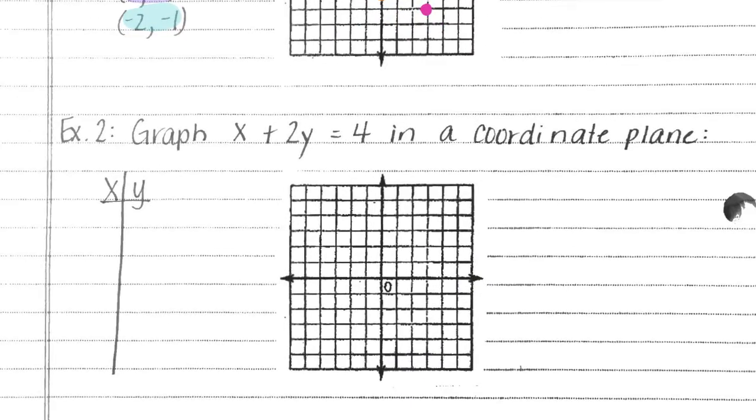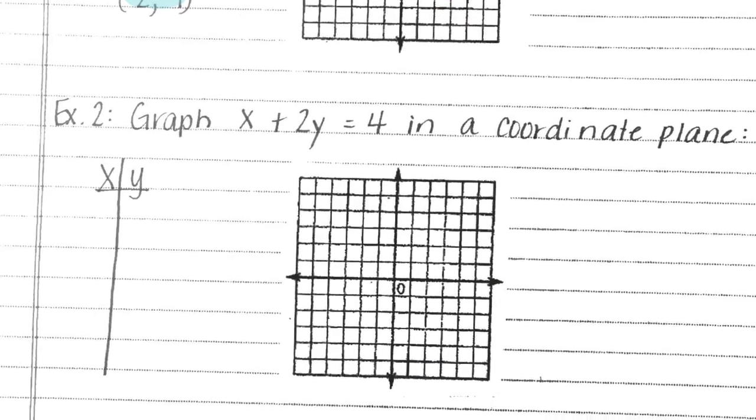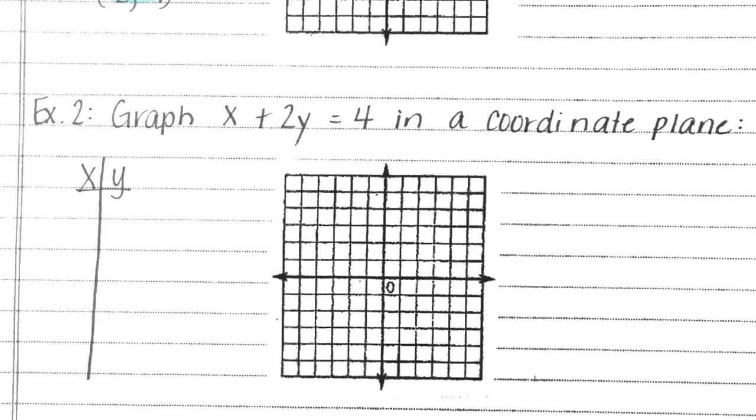All right, so this is telling us to graph x plus 2y equals 4 in a coordinate plane. What I typically tell my students to do in order to graph this is use x as the independent variable, meaning I could put any number in for x. I probably should have done a negative number, so let's do -1 and -2. And then I'm going to solve for y.